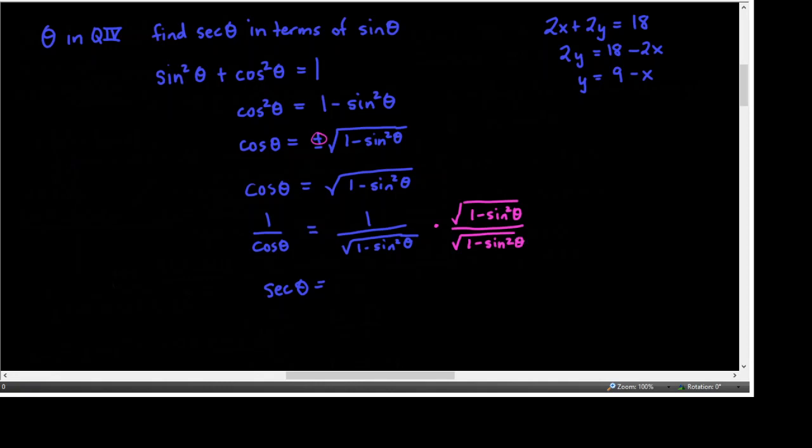One times that radical in the numerator is that radical in the numerator. That radical times itself gives me the radicand, the thing under the radical, as an answer. So that'll be 1 minus sine squared theta in the denominator. And that is our final answer. That is secant written in terms of sine of theta.